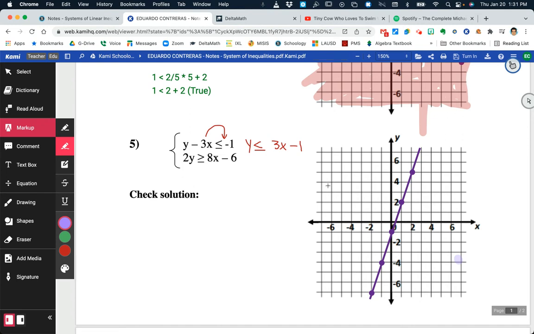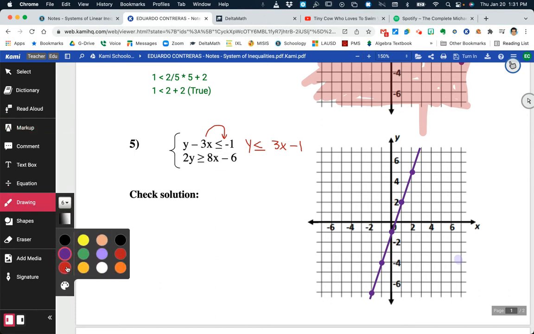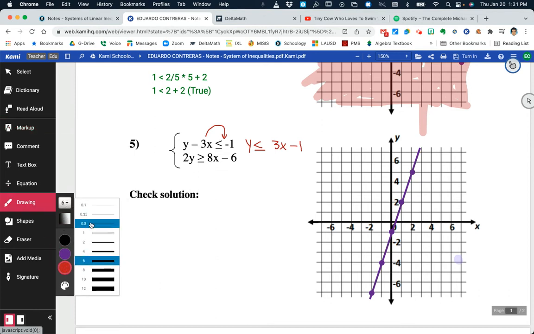Let's do the second equation. So I want to rewrite this one. Let's divide out the 2 to put it in slope-intercept form.